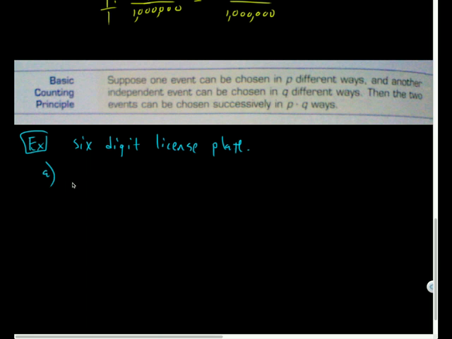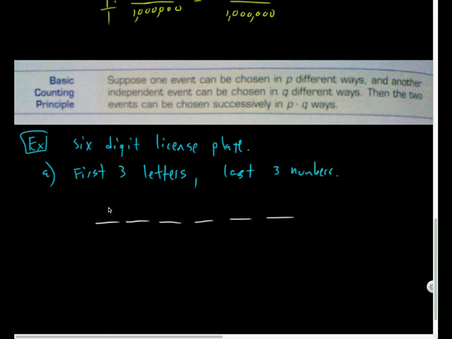So let's say our first case is that the first 3 digits are letters, and the last 3 are numbers. All right. So our situation looks something like this, where I've got 1, 2, 3, 4, 5, 6 individual spaces represented. The first 3 are letters, the last 3 are numbers.